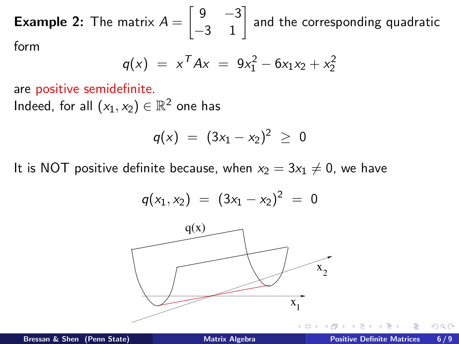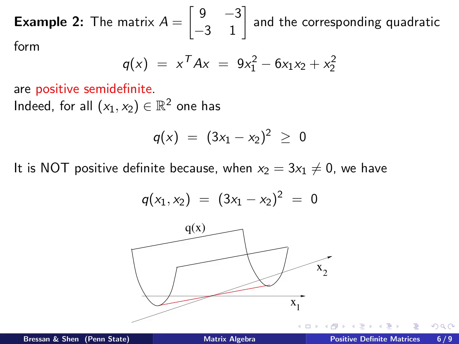And we can also plot this and visualize the surface of Q of x. So Q of x is the value on the z-axis, and then we have x1 and x2. When x2 equals 3x1, that is represented by this red line in this surface formed by x1 and x2.